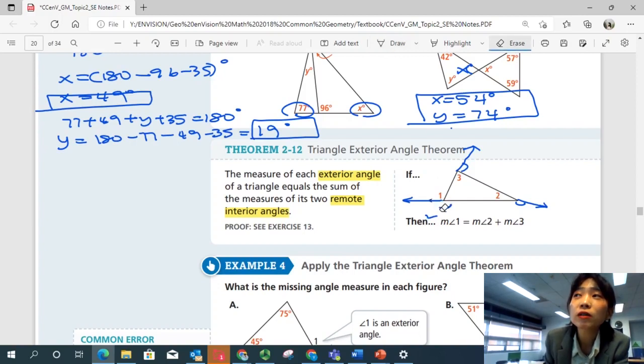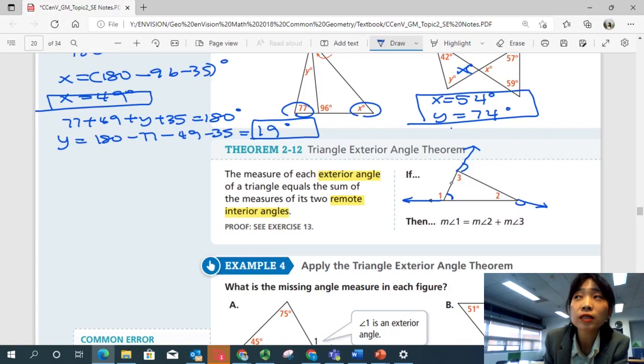So the exterior angle will be the sum of the two other remote interior angles. The interior angle that is a linear pair to your exterior angle does not appear in this theorem, okay? The other two angles, which are not the linear pair of your exterior angle, are called the remote interior angles.